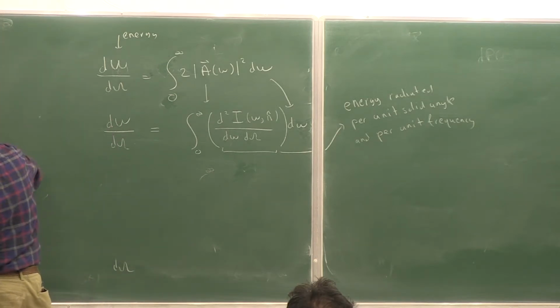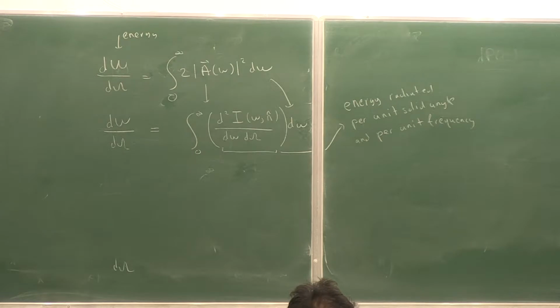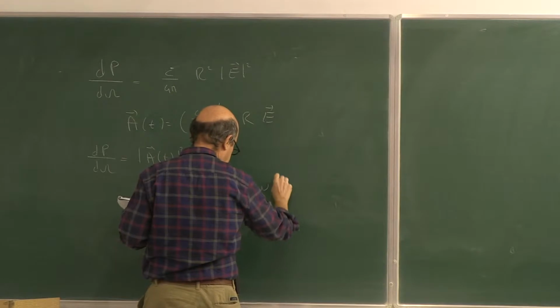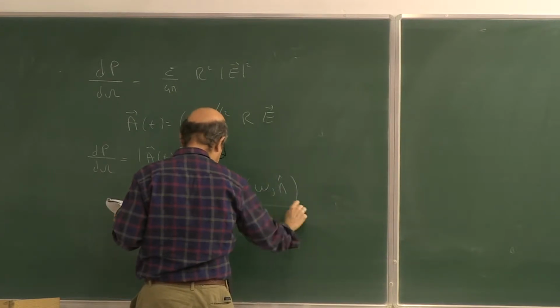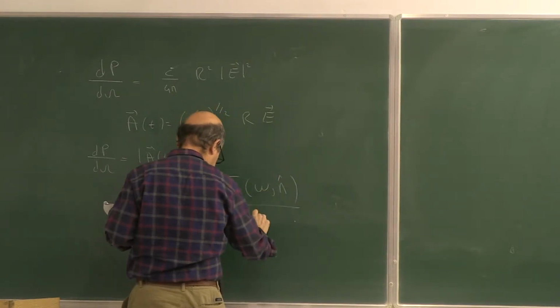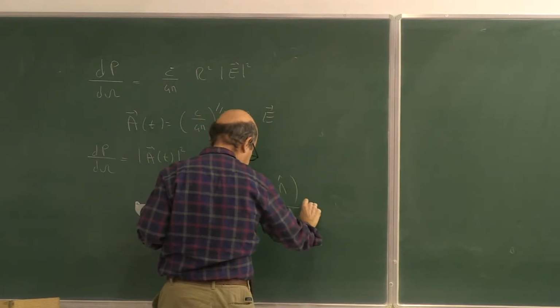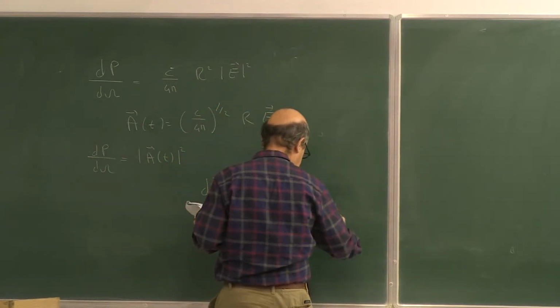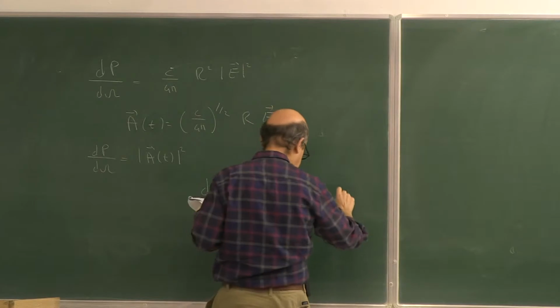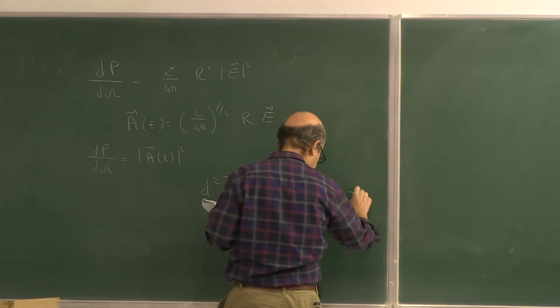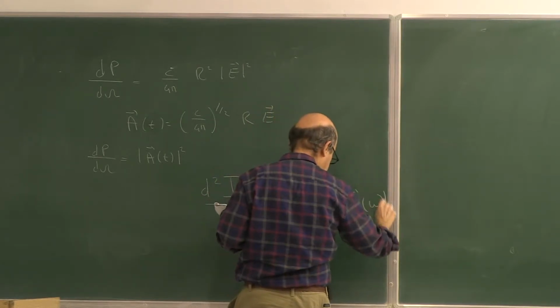If I know the A of t, then I can calculate the A of omega. That means I know the intensity distribution as a function of frequency: d squared of radiation along the direction of n per solid angle per frequency is equal to 2 times A of omega squared.